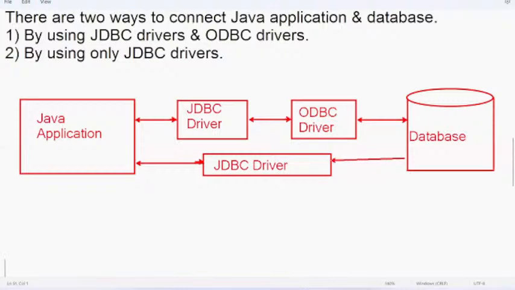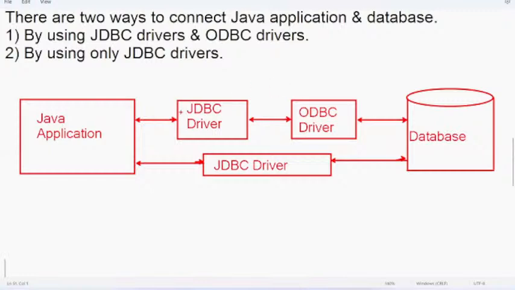Actually, first they connected the Java application and database with ODBC. That connection failed. That is the reason the translator was introduced. The translator is also a JDBC driver. So this is nothing but a translator. It takes Java instructions and converts them into a format the ODBC driver understands.